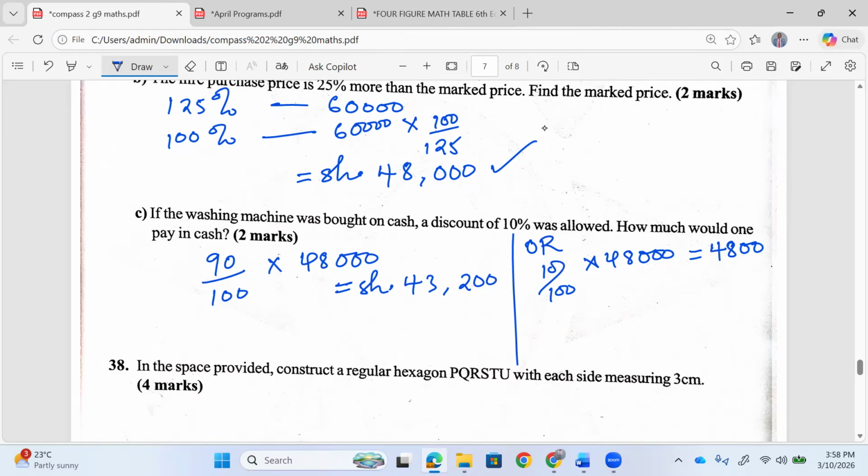Meaning that the buying price of a certain customer now, they will pay 48,000 minus 4,800. 48,000 minus 4,800 gives us 43,200. So the question can be approached in either of those alternatives.